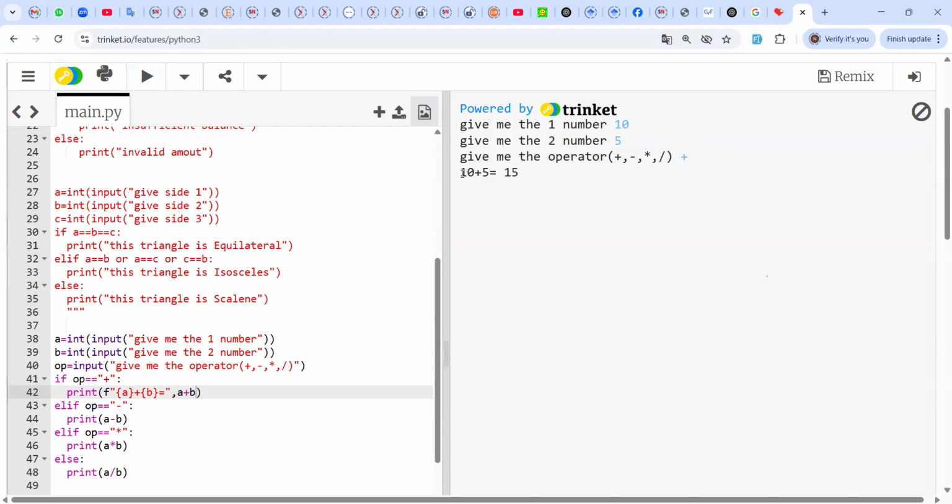And here we have 10 plus 5 is equal to 15.